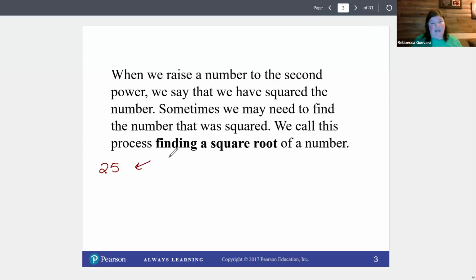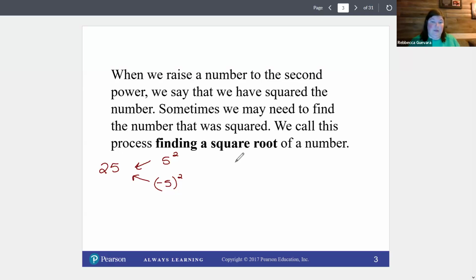If I take 5 and I square it, 5 times 5 will be 25. But I also know that -5, if I square it, will also be 25. So the process of going backwards and finding these numbers is finding the square root.